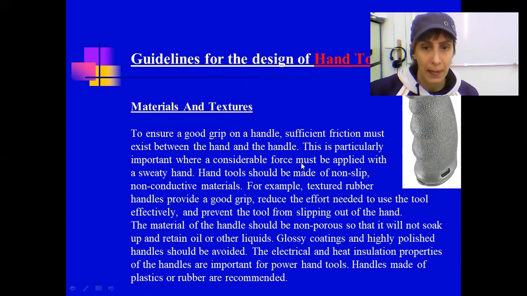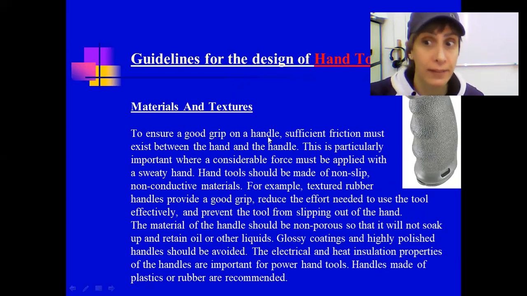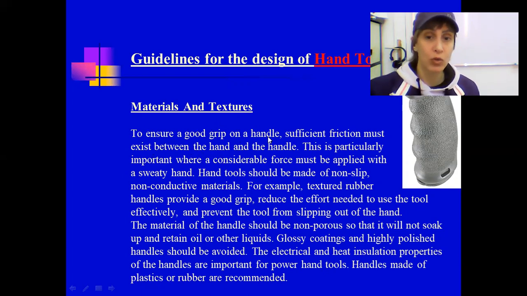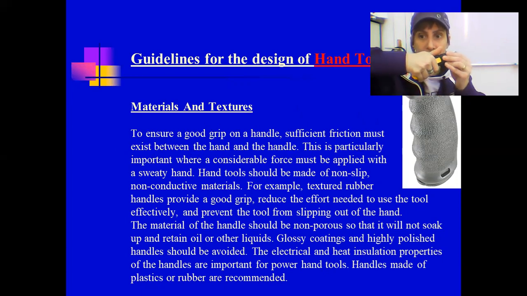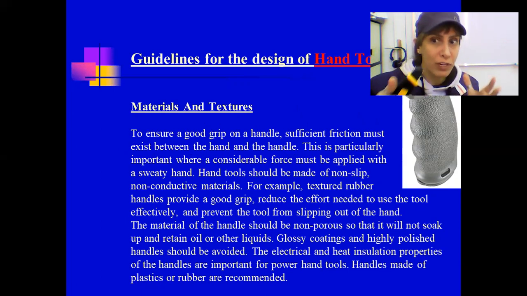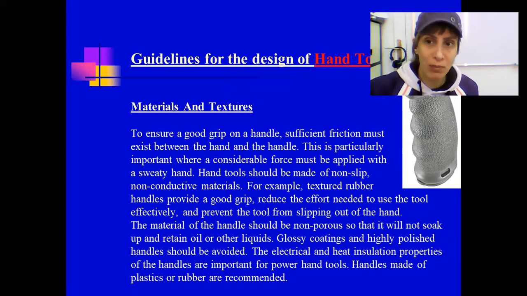to decide. So for the handle of the grip to be good, sufficient friction must exist between the hand and the handle. If there is no friction or the wrong friction type, it can create problems in the way you use the handle and the tool.